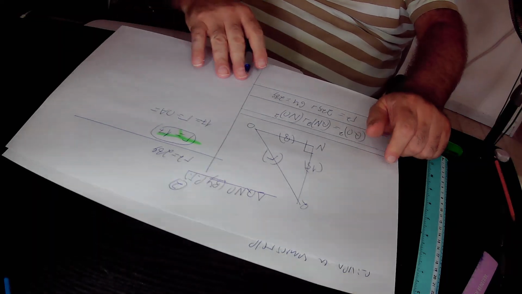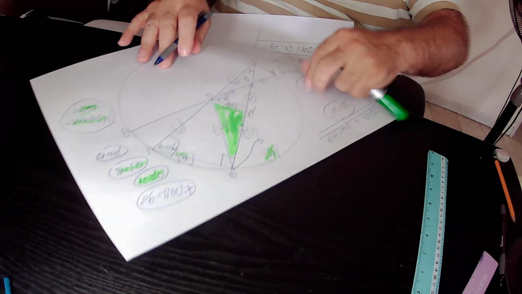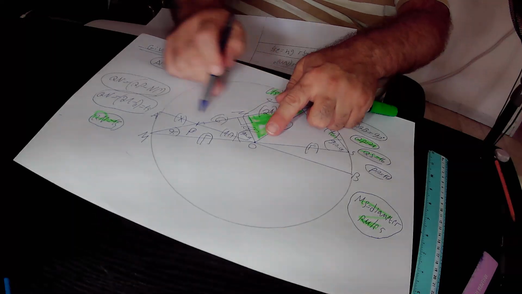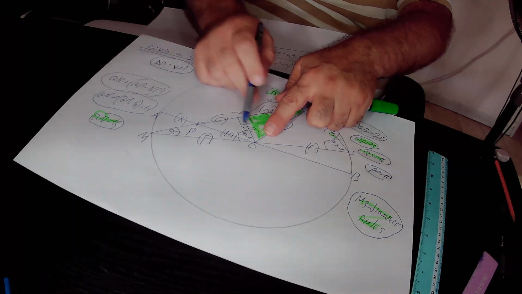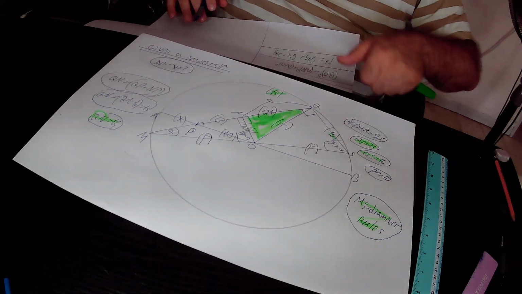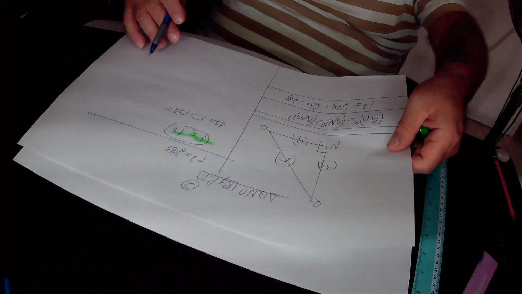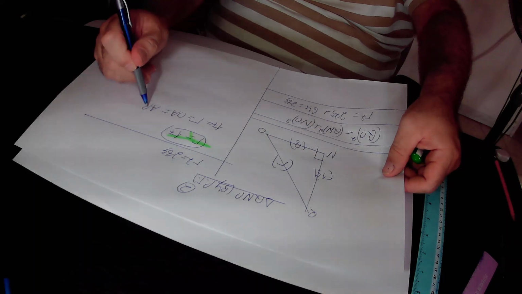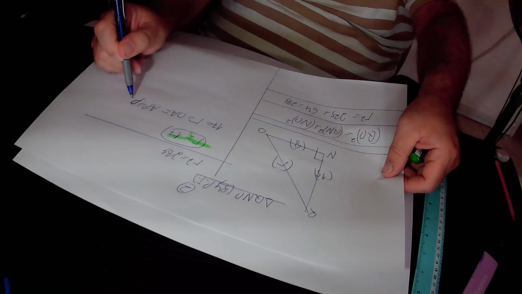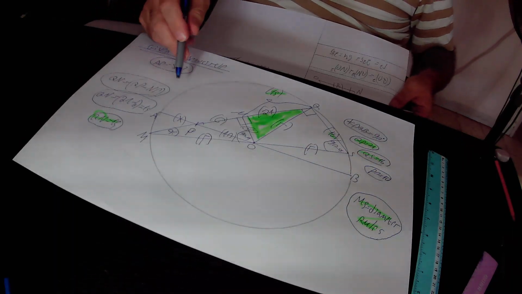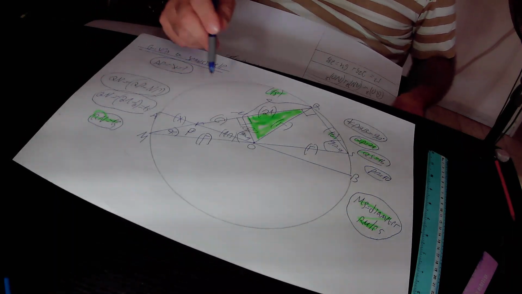But OA is also equal to AP plus PO. Again, OA in total equals AP plus PO. So I write it down: OA equals AP plus PO.